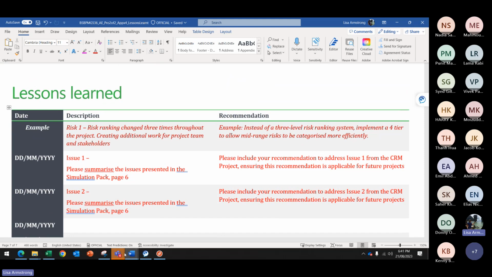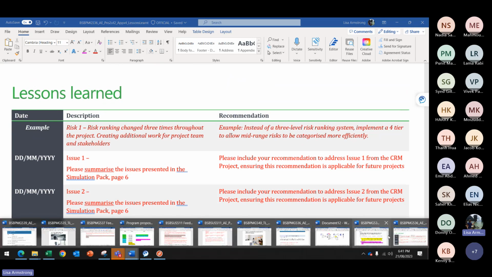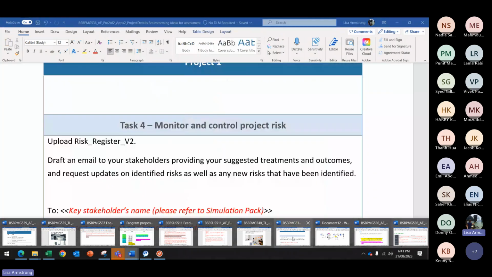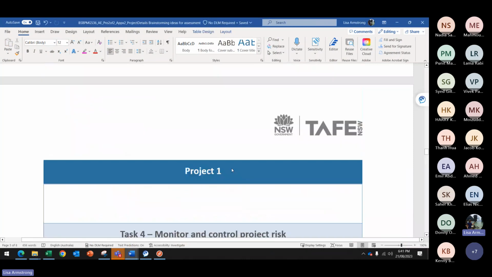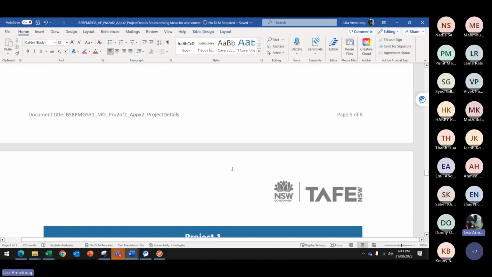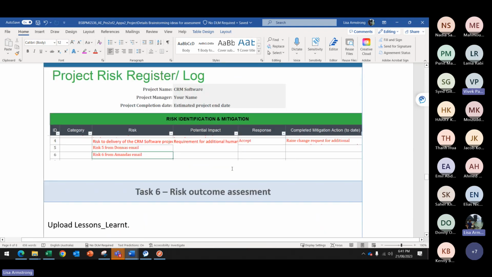What you have documented in your risk register, you have mentioned the action plan. Is here, or here, yes, your action plan. We can use the action plan as a recommendation for the future project, right? Yes, you can. Indeed. Very good. Good on you, Vivek.